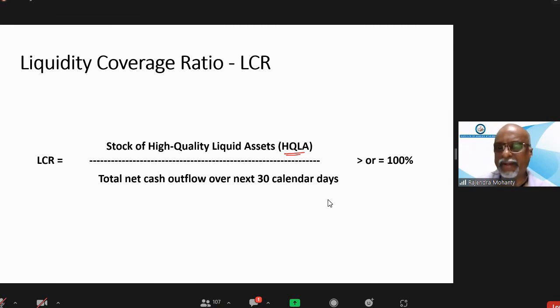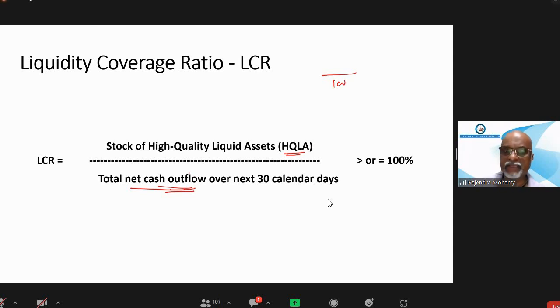How much you should maintain will be to cover the net cash outflow, meaning how much you have committed to disburse as loans or pay on maturity of some investments or deposits in the next 30 days. That will be your net cash outflow. You have to calculate the net cash outflow over the next 30 days.